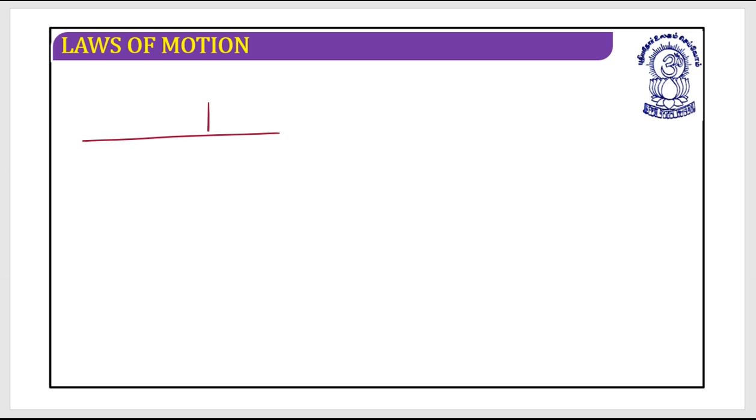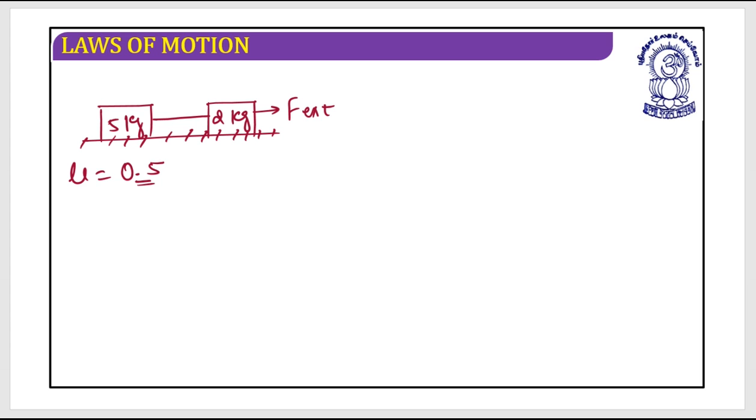So the situation is, it is the 2 kg block. This is a 5 kg block. It has been attached with a string. This is F external, and this is having friction, and this friction is of mu equal to 0.5.